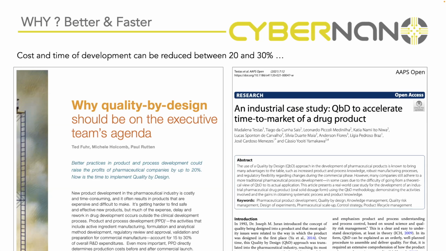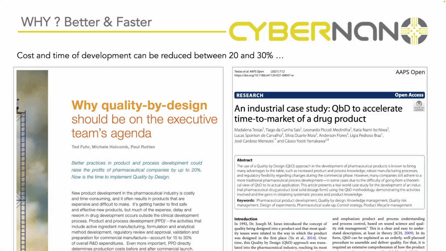Finally, two studies converge to conclude that we can reduce time and cost of development by between 20 and 30% with QbD. The first study is an economical study. The second is more recent, and it is more an industrial demonstration of how QbD helps the authors to really reduce the time of development.